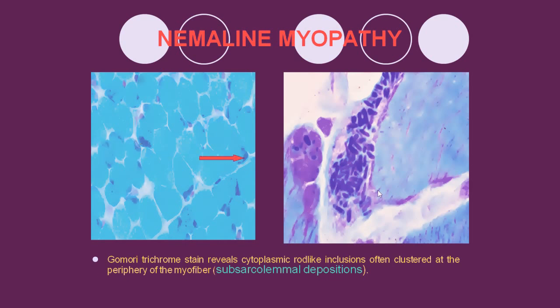Also here, this is high power showing the rods in subcircular deposition. Importantly, these rods are subcircular depositions. In the same idea, dark staining rods with toluidine blue.